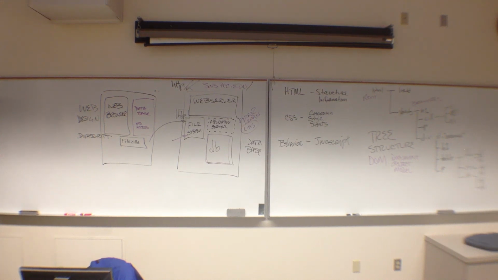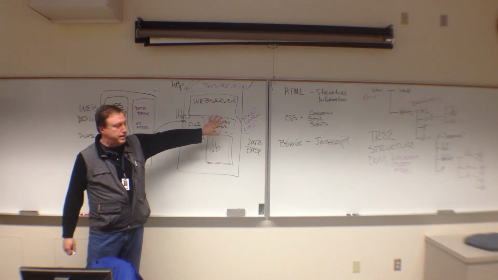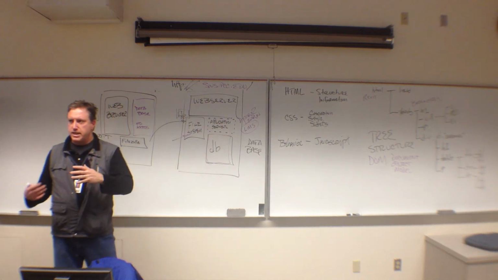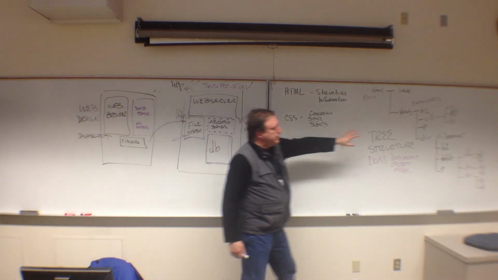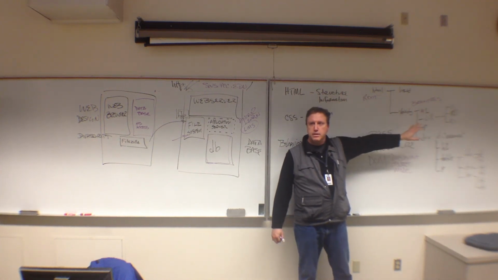When you go back at the end of this semester and you start writing JavaScript that changes the appearance of web pages, and that's where it's at in terms of application development, JavaScript running in the browser, talking to one of these application servers in PHP or ASP.NET, all of these things, they are manipulating, they're changing this document object model.